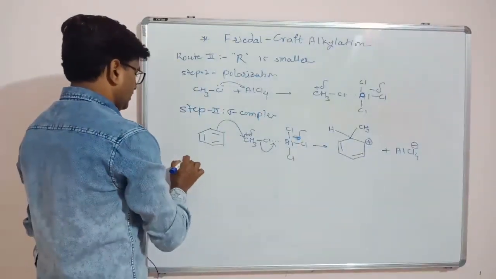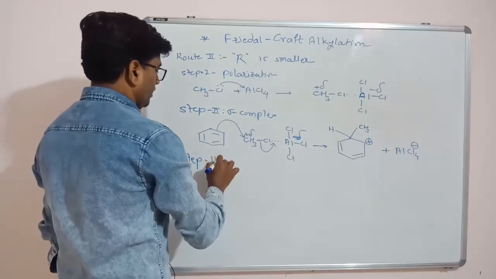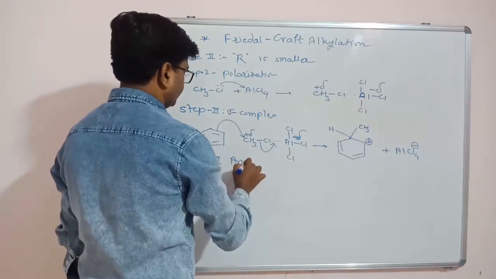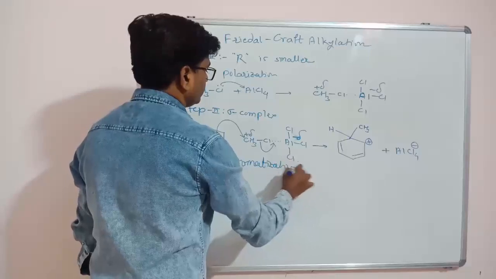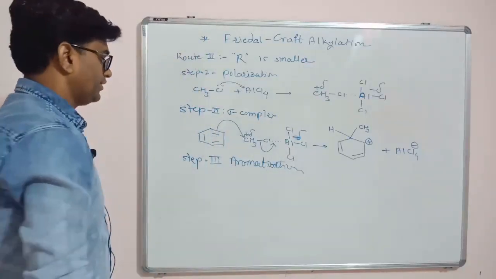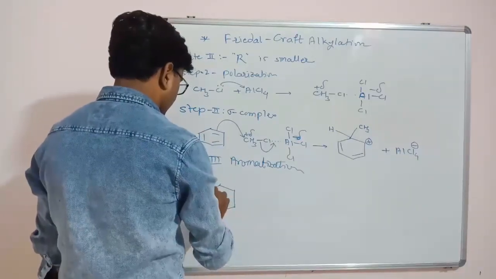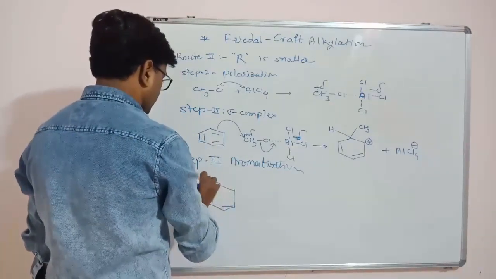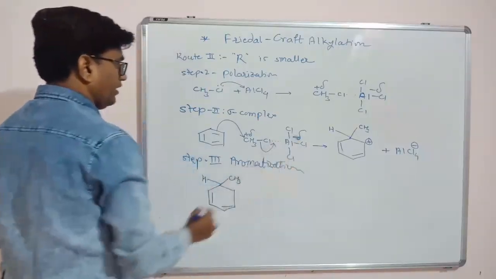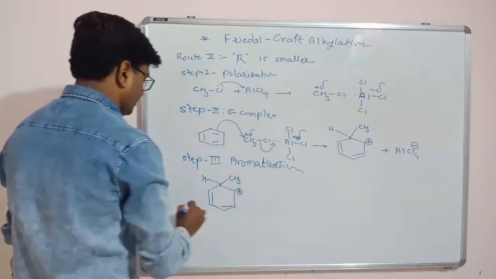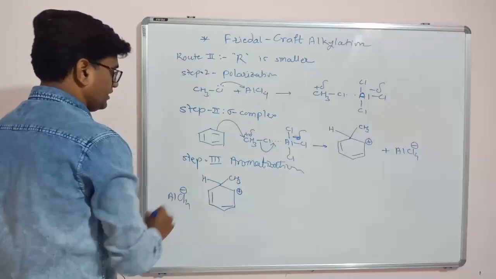Third step that now you know very well. Third step is what? Aromatization. So in this case, this is our sigma complex, this is methyl, and we have a conjugate base, that is AlCl4 minus.